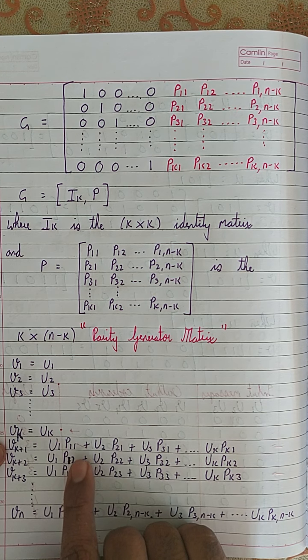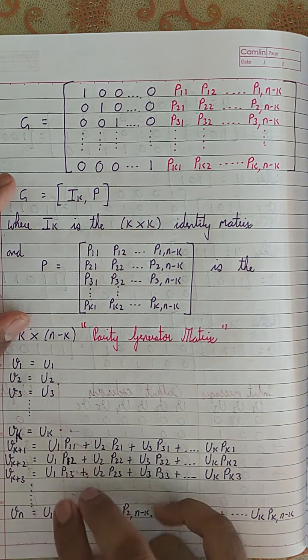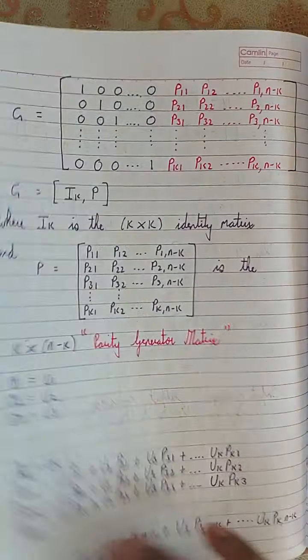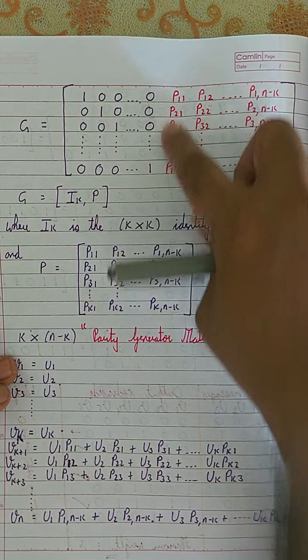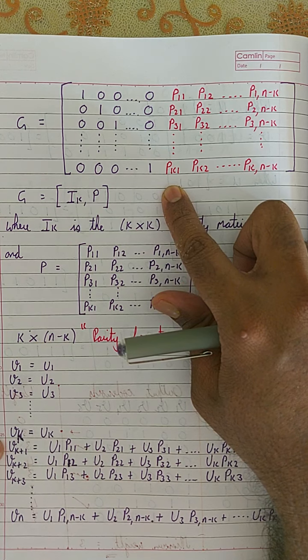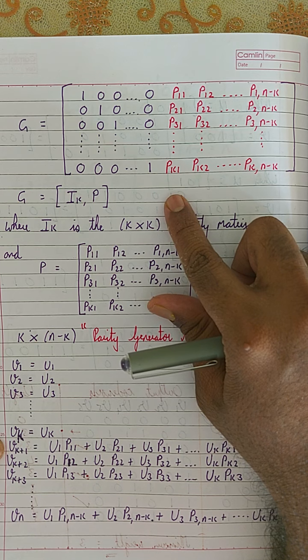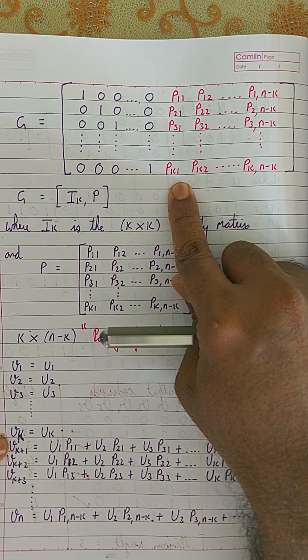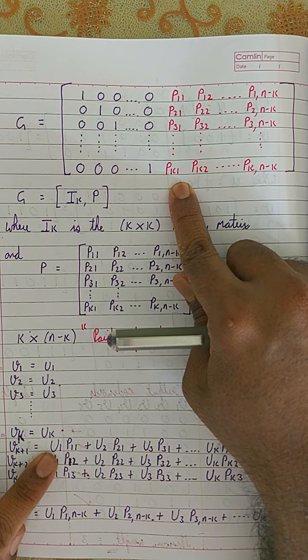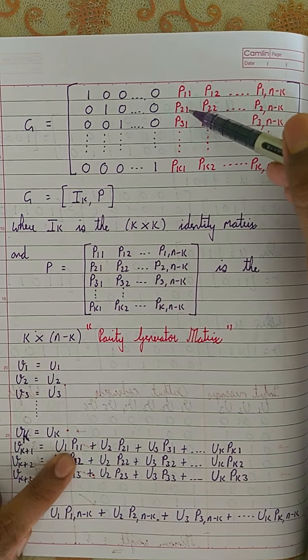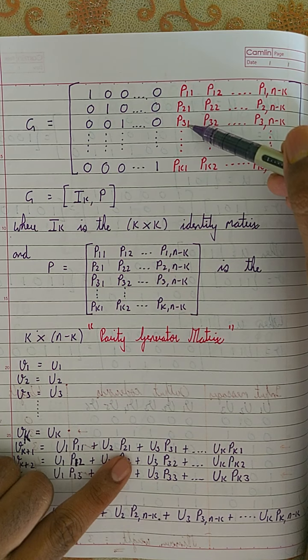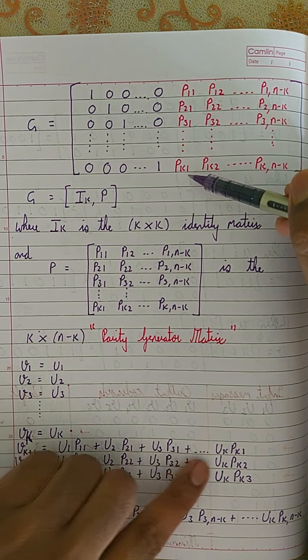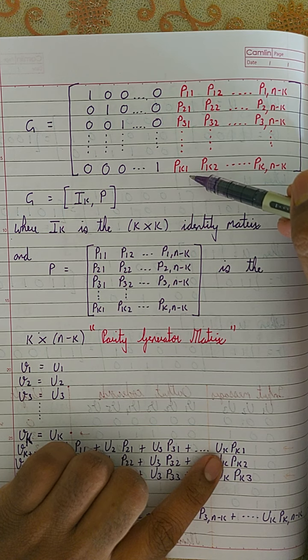How is it computed? We multiply the message U with the corresponding column of the parity generator matrix. So V(k+1) is found by multiplying the message bits with the first column of the parity generator matrix, so you get U1 P11 plus U2 P21 plus U3 P31, and it goes on up to Uk Pk1.